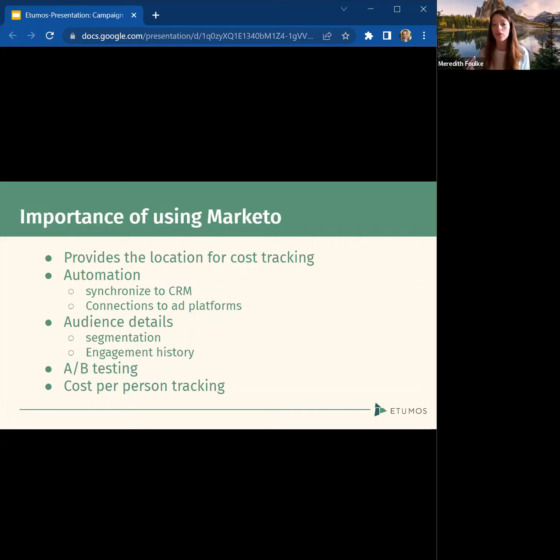You also have all of your audience details within Marketo, including segmentation or engagement history to look at the different audiences and how they're engaging with your campaigns over a period of time. You also have the ability to A/B test in Marketo and look at how different emails and content within an email influence your campaign ROI. And then also, Marketo has a set of standard out-of-the-box reports that you can use to evaluate the cost per person in your Marketo instance.